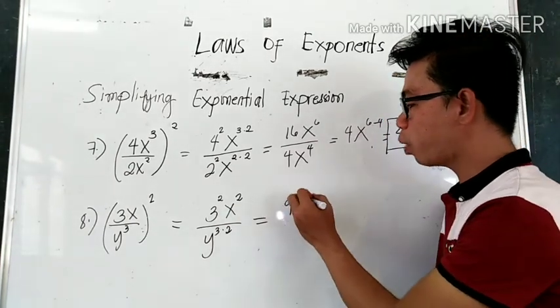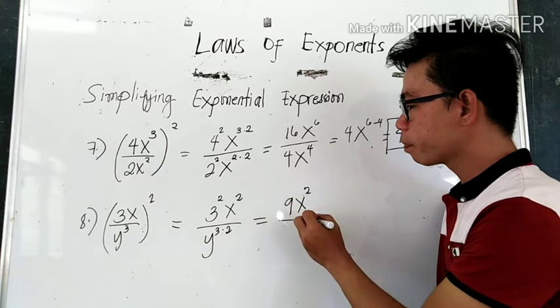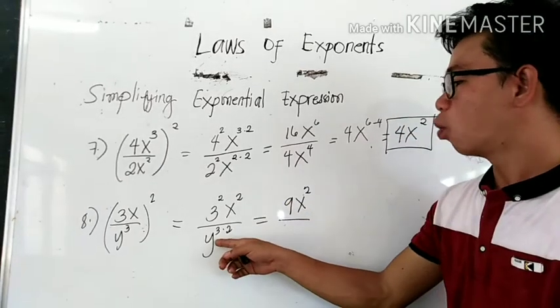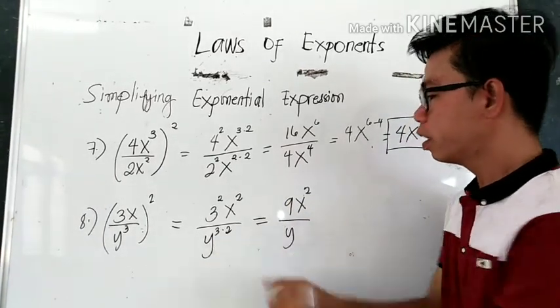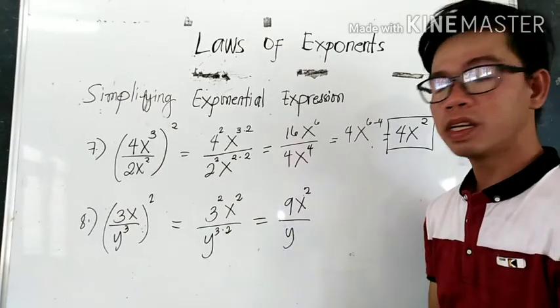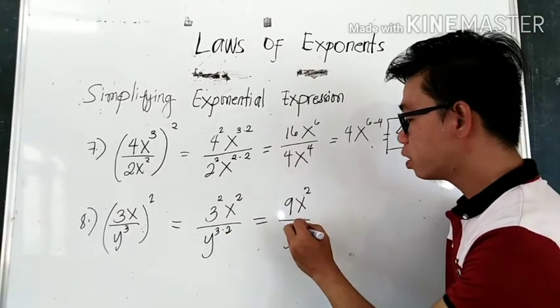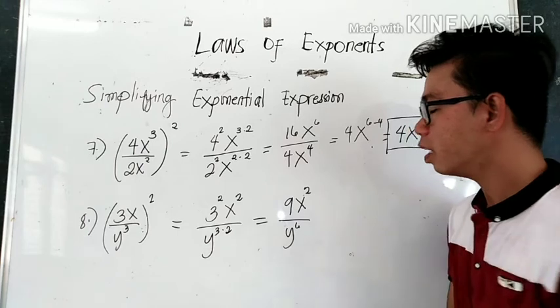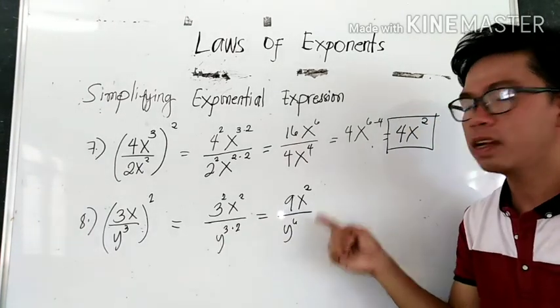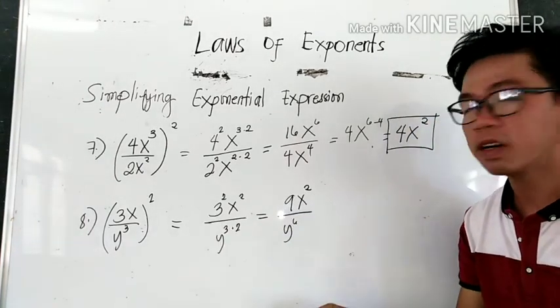Then copy x squared. Next, y, 3 times 2 is equal to 6. Since this is a variable, this is now the answer.